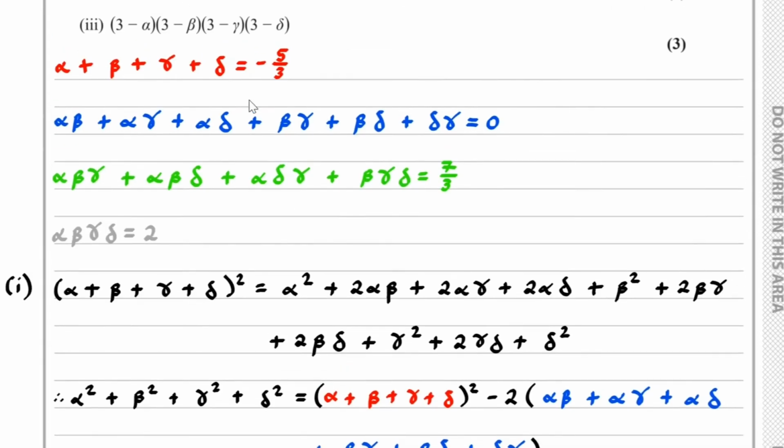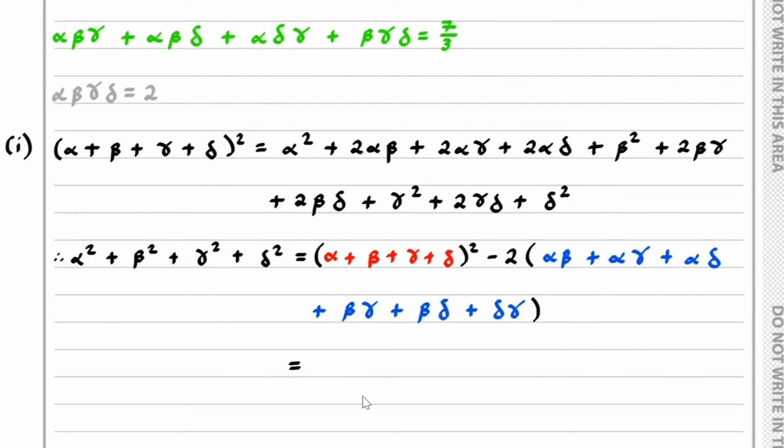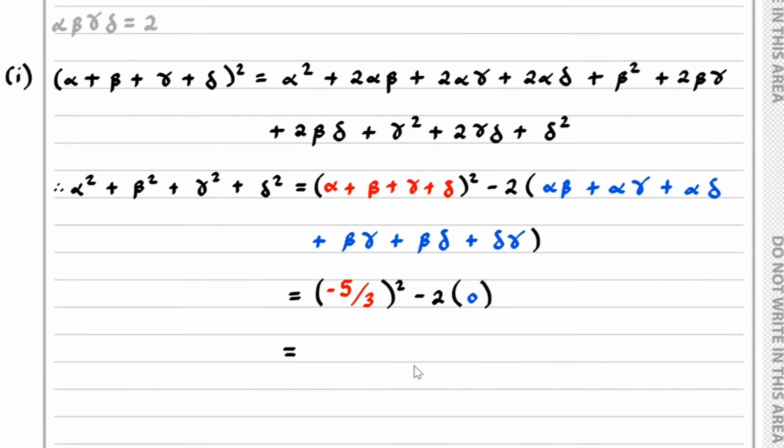So we have minus 5 over 3, and all of this is squared, and then we subtract two lots of 0. And it turns out when we do that, we get 25 over 9. So here we have minus 5 over 3 all squared.